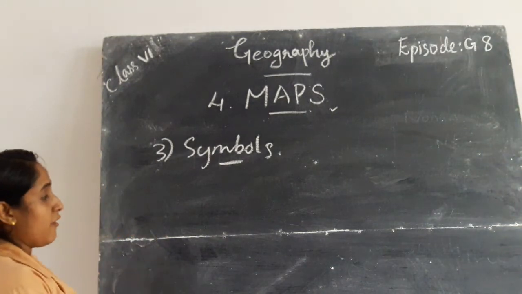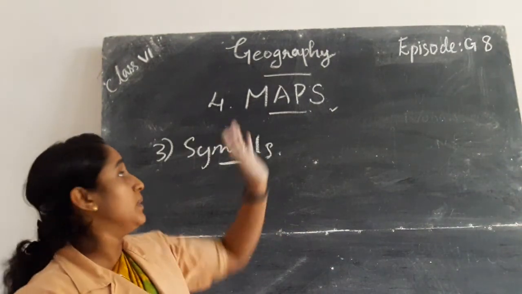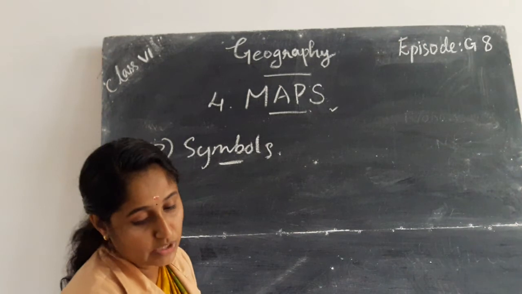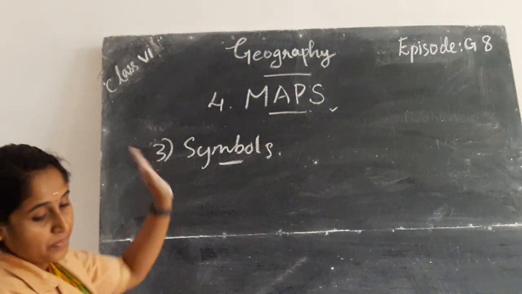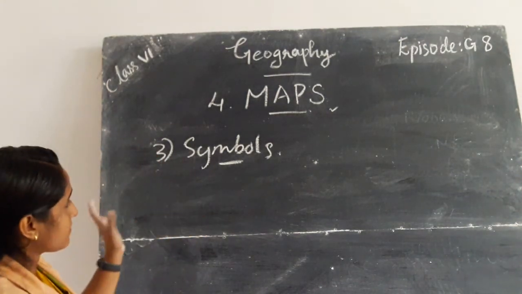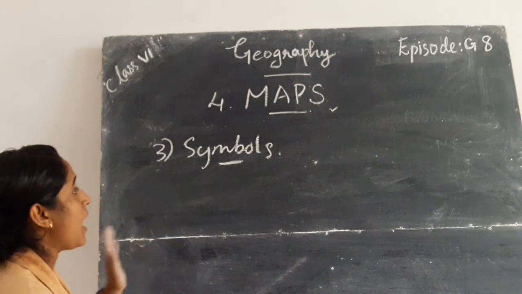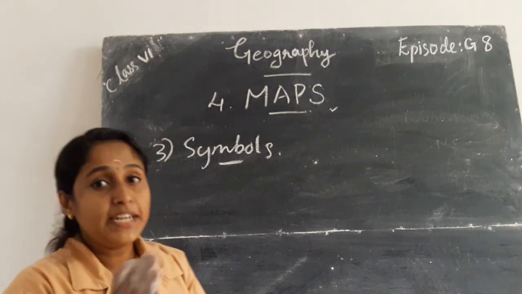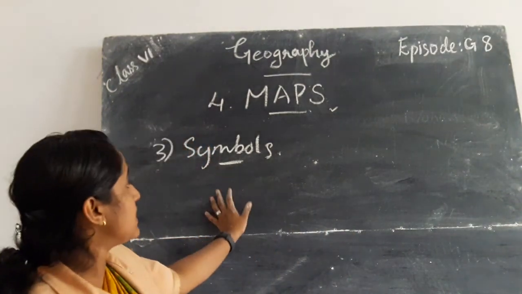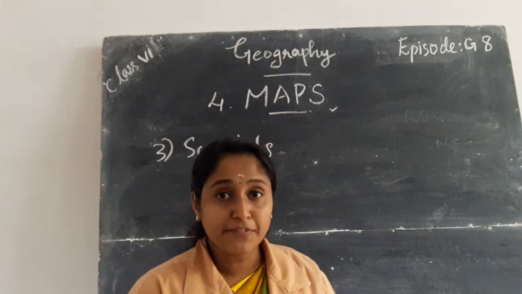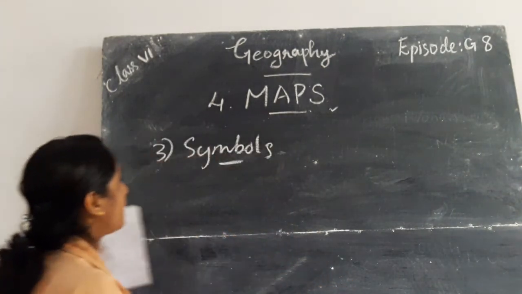They are mostly shown with symbols, using different colors for identifying different types of things.